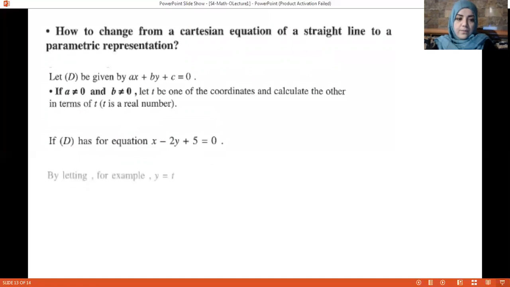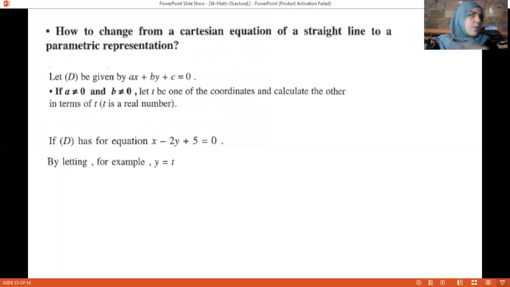Look what you do. By letting, for example, y equal t. You can put x equal t, you can put x equals 2t, you can put y equals t over 2. You can put the parameter that you want. For the first equation, it's up to you.